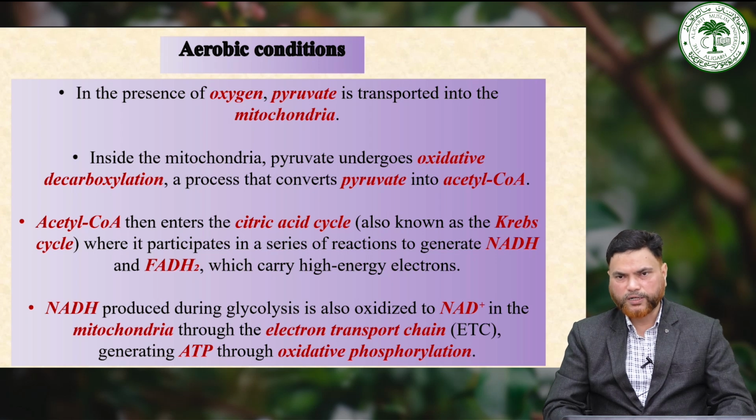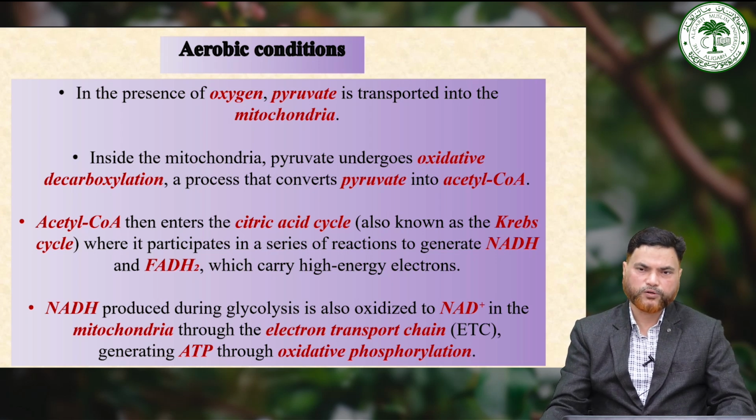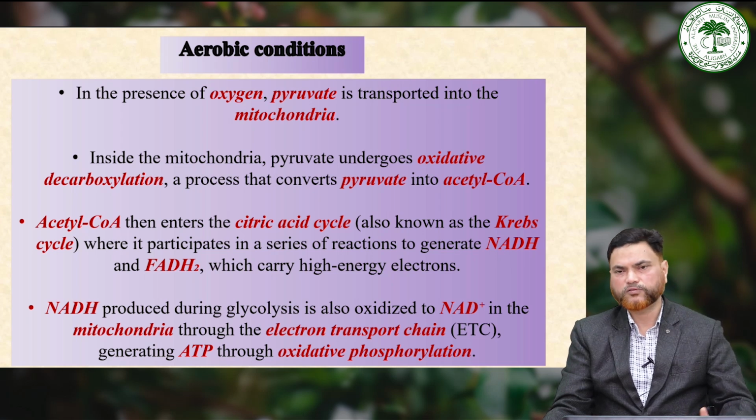Within the mitochondria, pyruvate undergoes oxidative decarboxylation, a process that converts it into acetyl coenzyme A. Acetyl coenzyme A then enters the citric acid cycle, also referred to as the Krebs cycle, where it participates in a series of reactions that produce NADH and FADH2.